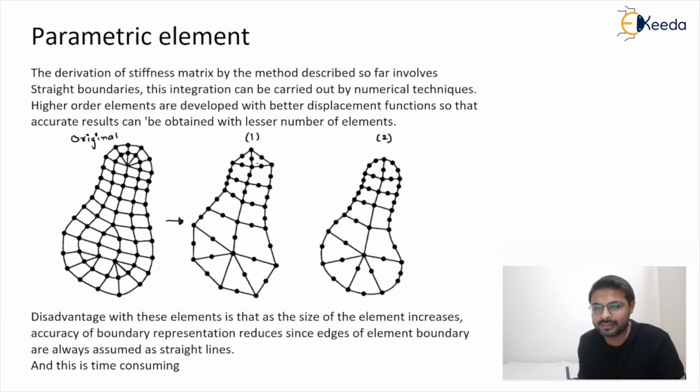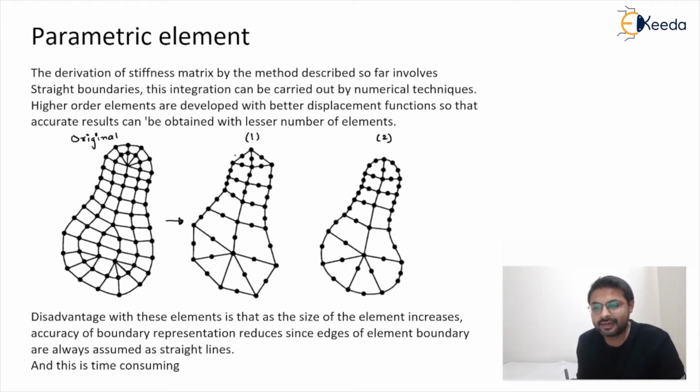If we are discretizing this geometry into smaller elements like this, this is my triangular element which has 1 2 3 4 5 6 nodes, so a 6 nodal triangular element. Here you can see it differs from the original.